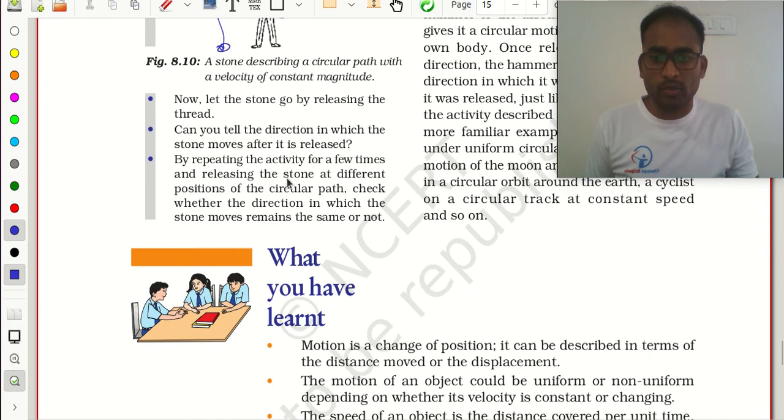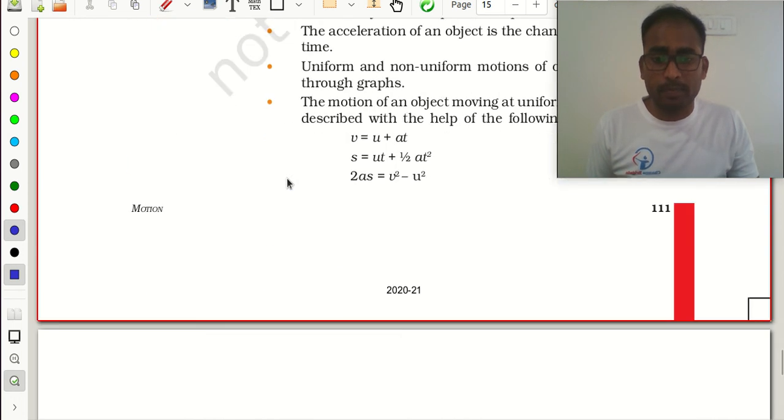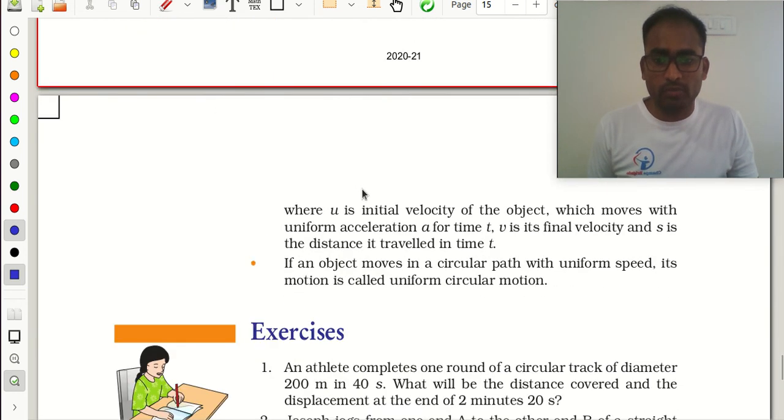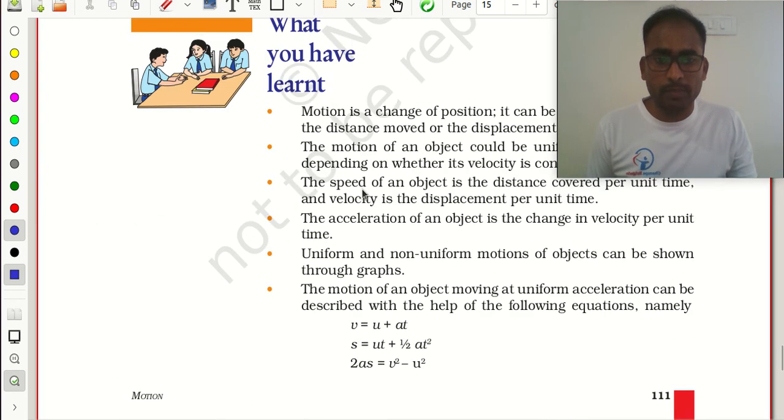Clear? So with this we completed our chapter on motion. What we learned: from the basics, the introduction of motion, uniform and non-uniform motion, distance and displacement, speed and velocity, and the rate of change of velocity as acceleration.